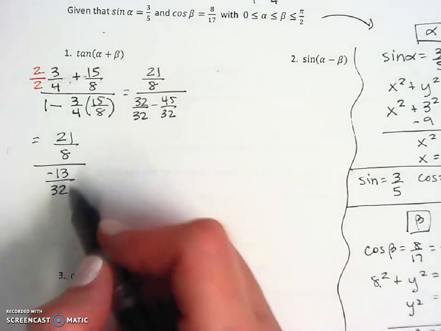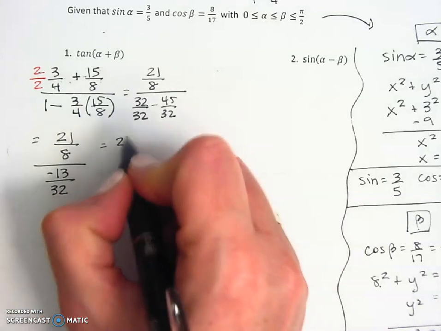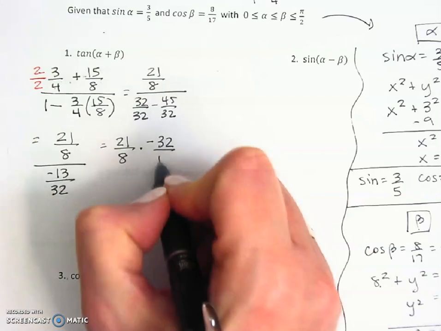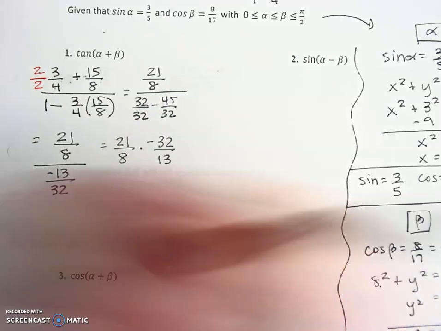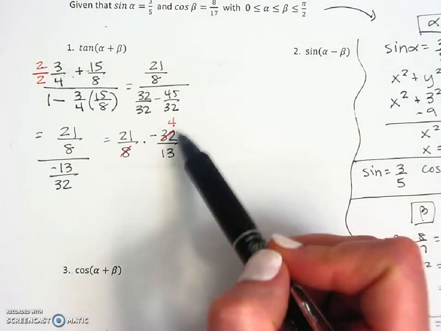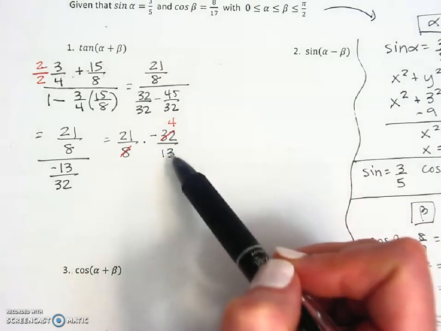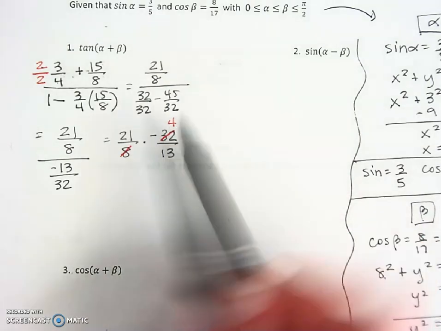So now I have a keep, change, flip. Keep the top the same, change to multiply, flip the second fraction. Simplify anything that can. 32 over 8 simplifies to 4. And then 21 over 13 can't simplify, and 4 over 13 cannot.